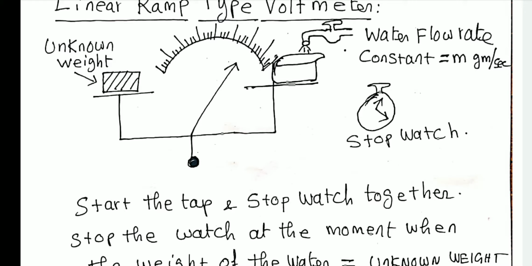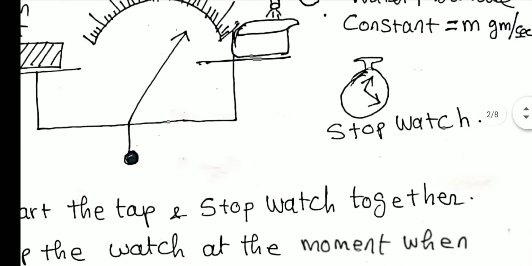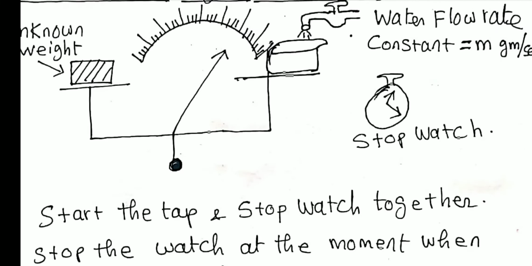Initially the empty vessel is placed on the right pan. At the time of opening the tap, the stopwatch is on. Then we don't disturb the tap. The water is flowing at a constant flow rate m gram per second, and the stopwatch is also running.